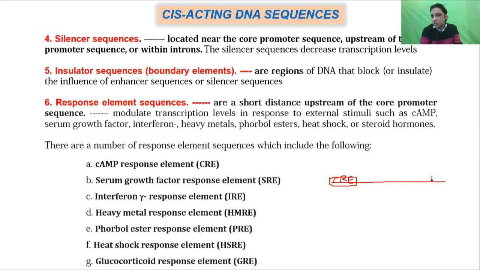Okay, so there is a gene. If that gene is associated with a CRE element, in the presence of cyclic AMP, that CRE region will be activated and it will push the expression of that gene.